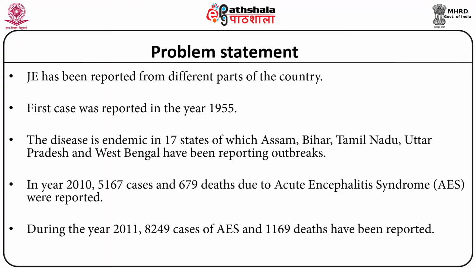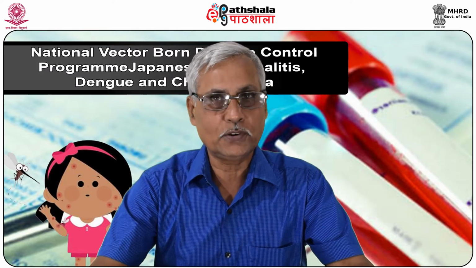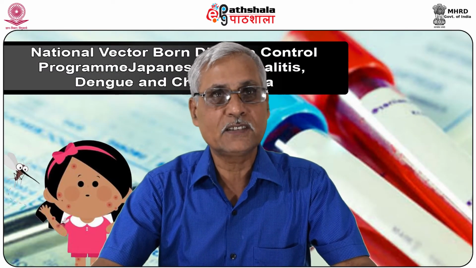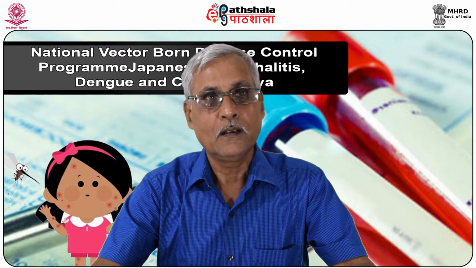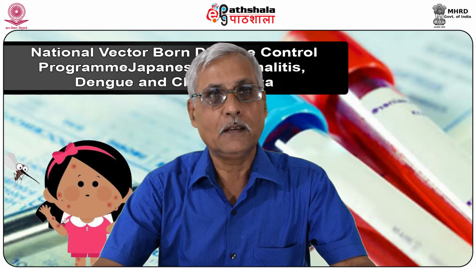During the year 2011, 8,249 cases of AES, that is acute encephalitis syndrome, and 1,269 deaths have been reported. The point to be noted is that this is a disease which contributes to death. Case fatality is high, and therefore we have to be very careful.